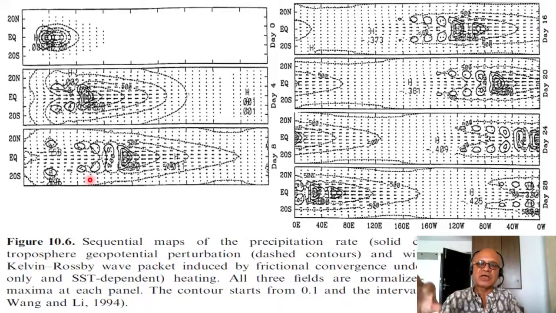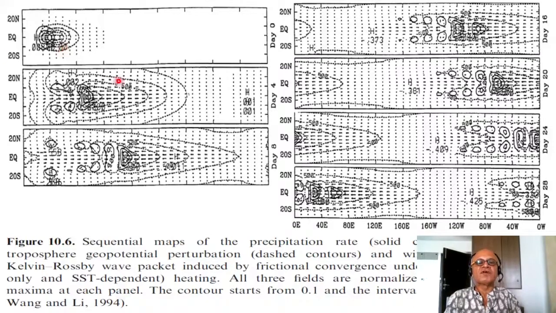model is initialized with a Kelvin wave in the free troposphere, and the large-scale structure is accomplished basically by convective heating driving the large-scale perturbation of the dry Kelvin and Rossby waves.